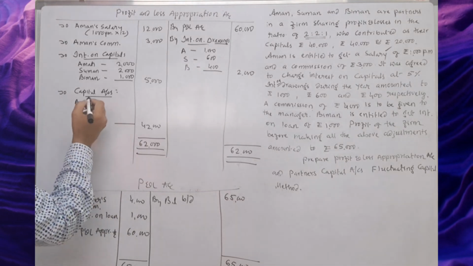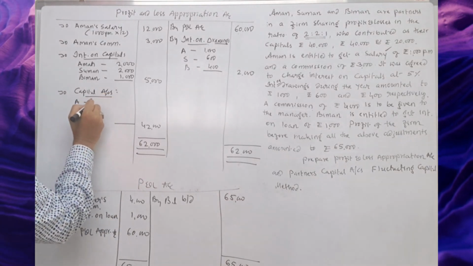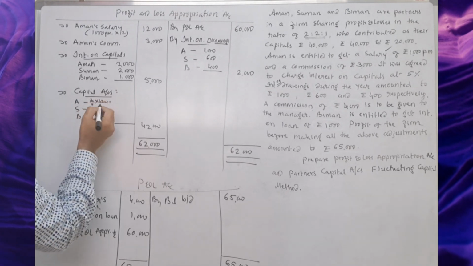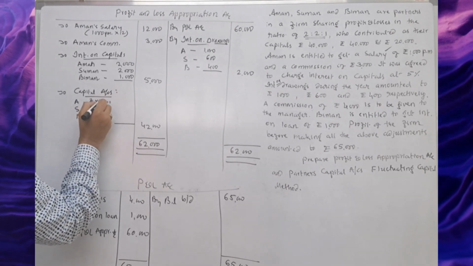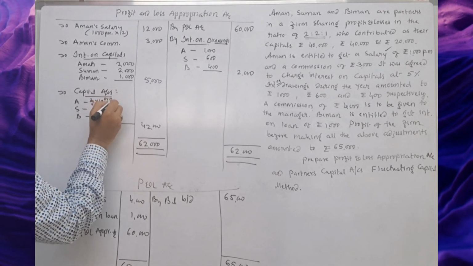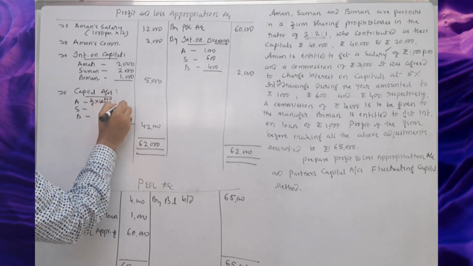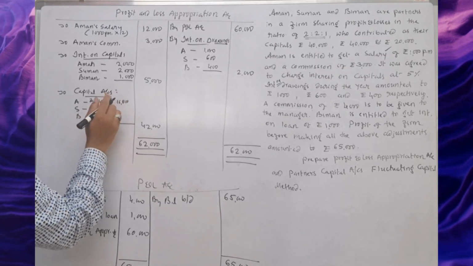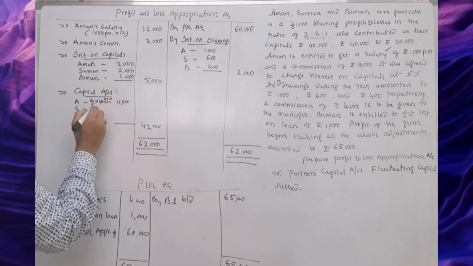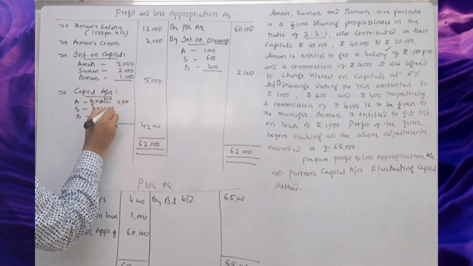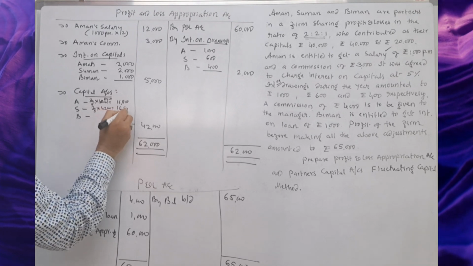How much does it come to? 2/5 of 42,000 comes to rupees 16,800, the share of Aman.